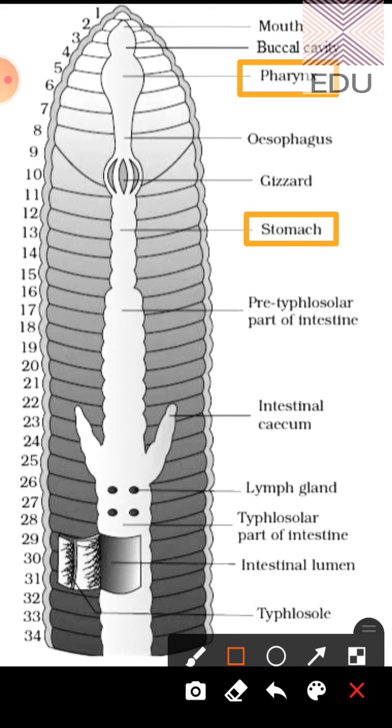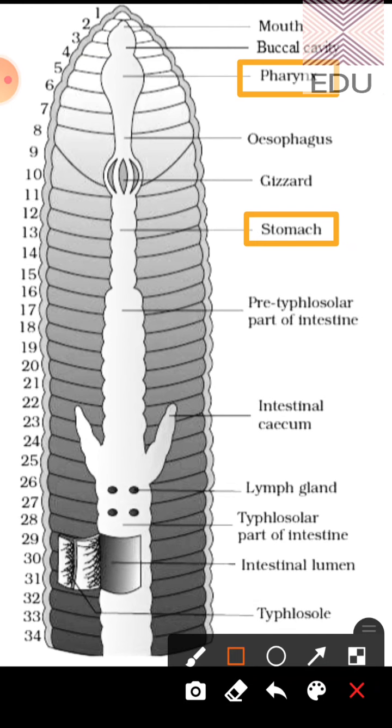This epithelium has gland cells, and these secrete digestive juices having digestive enzymes of all types. This juice has amylases for carbohydrates, proteases for proteins, and lipases for the lipids. So that was the case of the stomach.